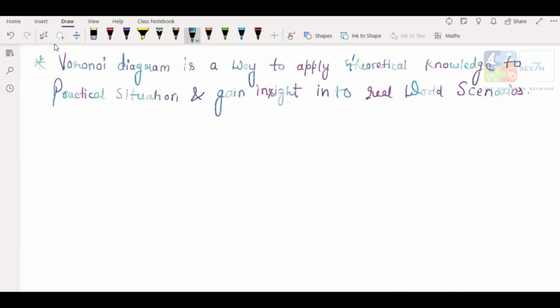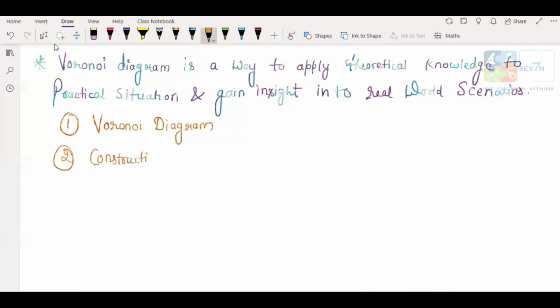After that, we are going to learn 5 important things in this chapter. The first is what is a Voronoi diagram. We have already discussed the definition, but what is the meaning of this diagram in mathematical form.